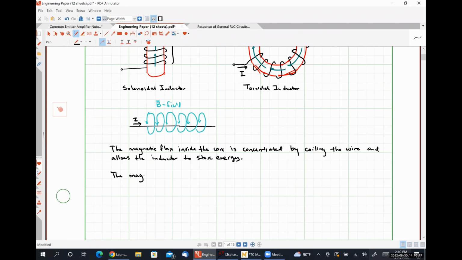The flux, magnetic flux, inside the coil is dependent on the amount of current passing through the coil.